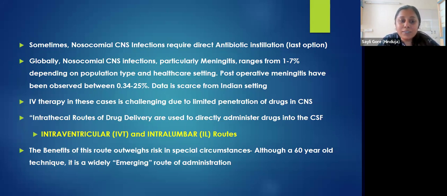Although this is a 60-year-old technique, it is a widely emerging route of administration, but there is very limited evidence and limited data coming out. It is a very interesting route to focus on, because there are a lot of PKPD aspects as well as administration aspects associated with these routes.